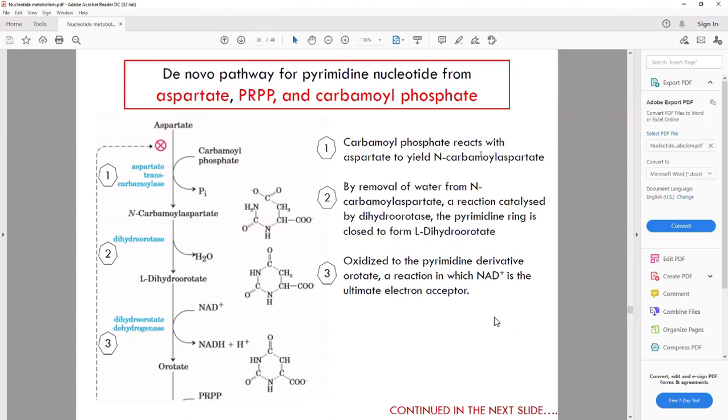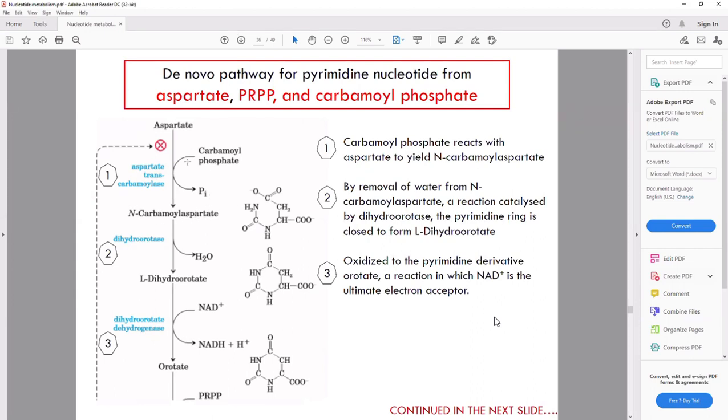So this is the pathway for the synthesis of pyrimidine. It started with this aspartate. This aspartate reacts with carbamoyl phosphate to form N-carbamoyl aspartate.